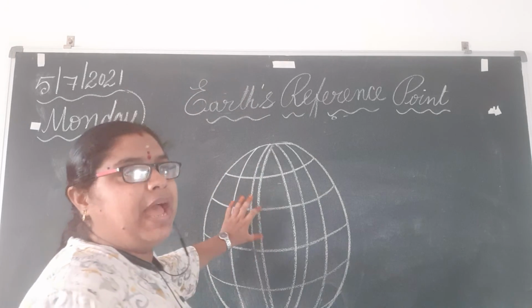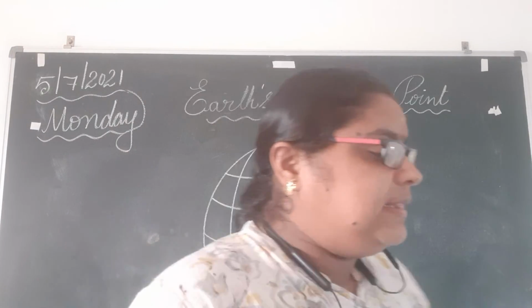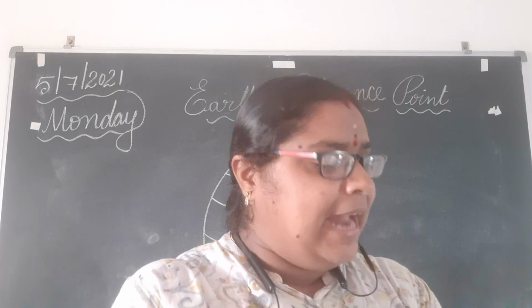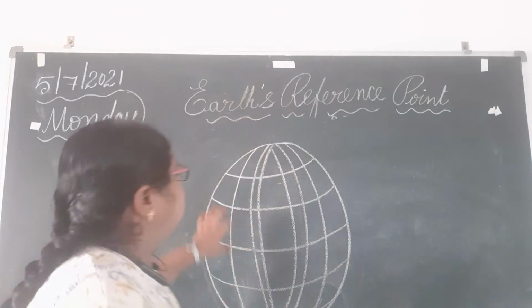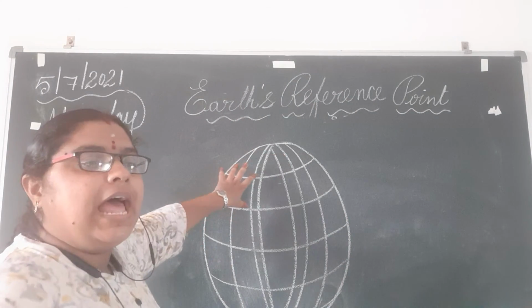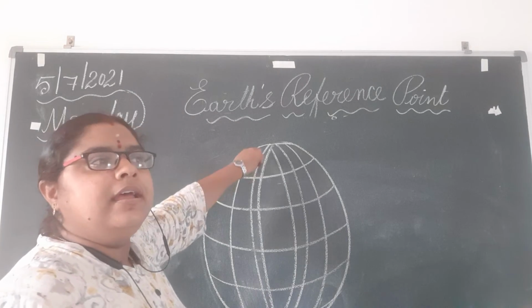When we observe the map or a globe, we can see it perfectly. This helps locate the exact position of a place on earth. These rows and columns help to point to the exact place on the earth.